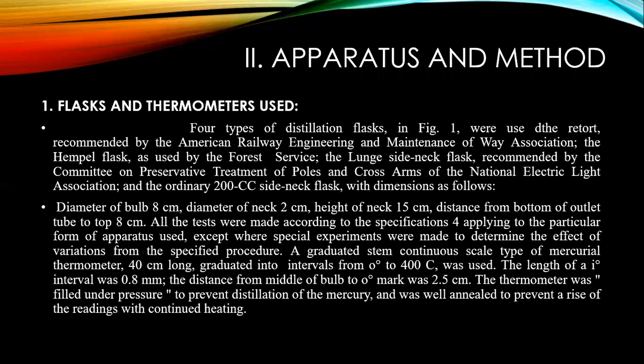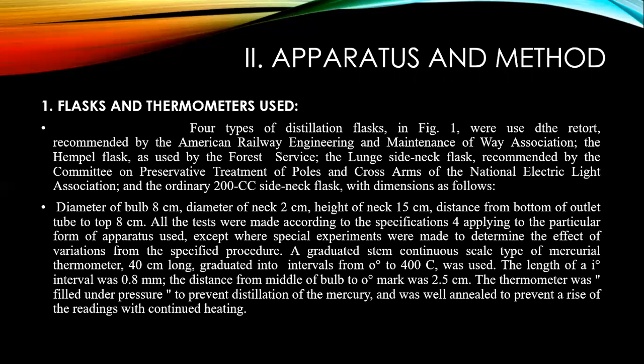Second, apparatus and method. First, flasks and thermometers used. Four types of distillation flasks. We use the retort flask. This is the first flask by the American Railway Engineering and Maintenance of Way Association. Second, the Humphrey flasks are used by the Forest Service.